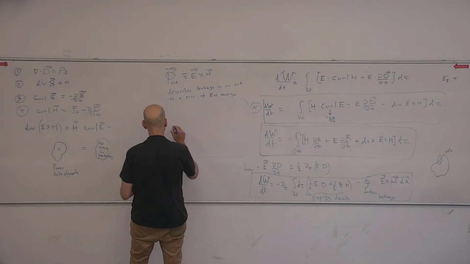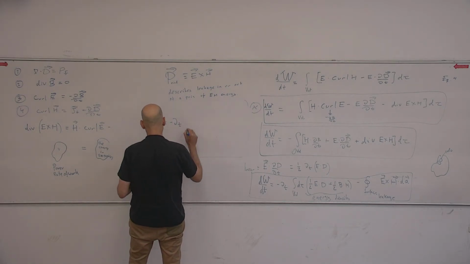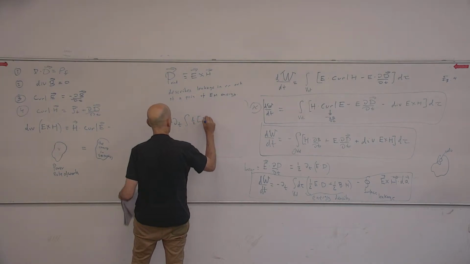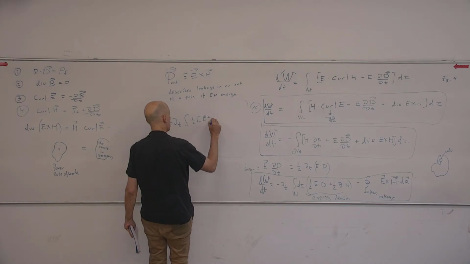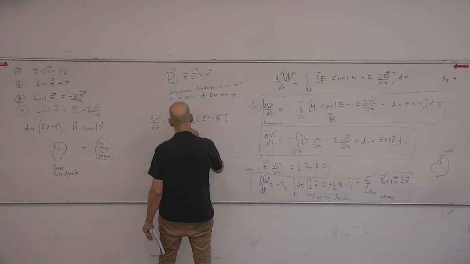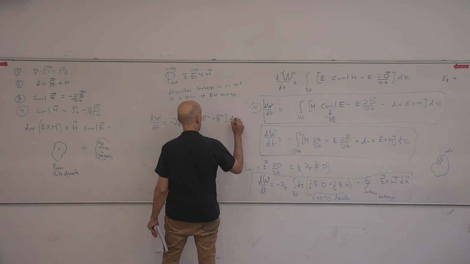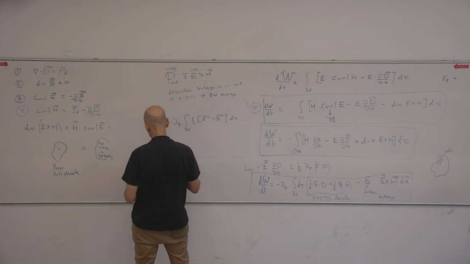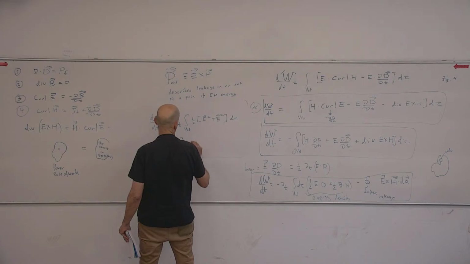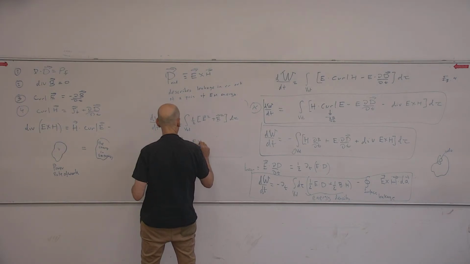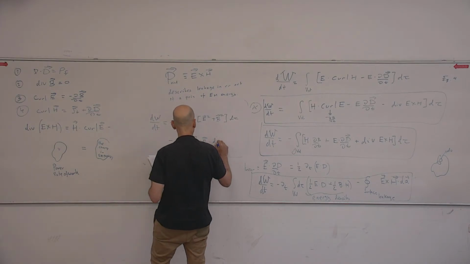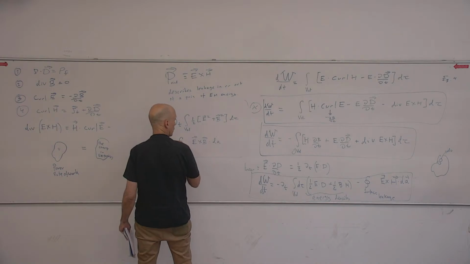This is equal to d/dt integral over half E squared, that's E dot E, plus B squared, over the volume d tau, minus integral over the surface of the volume E cross B dot dA divided by mu 0.